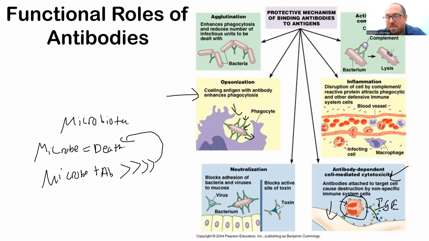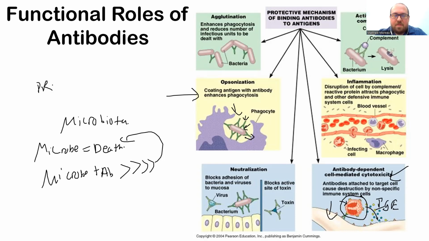Now, is the system perfect? No. Do you still get collateral damage or off-chance death of bacteria that are not bound by antibodies? Sure, because as much as all the phagocytes are going to produce IgE, IgM, IgG, IgA receptors, they still have their pattern recognition receptors, right?